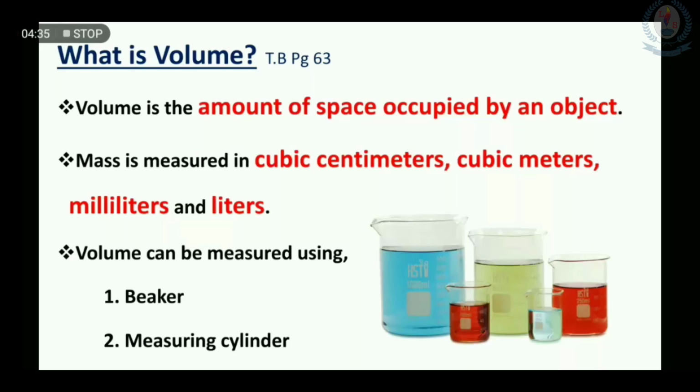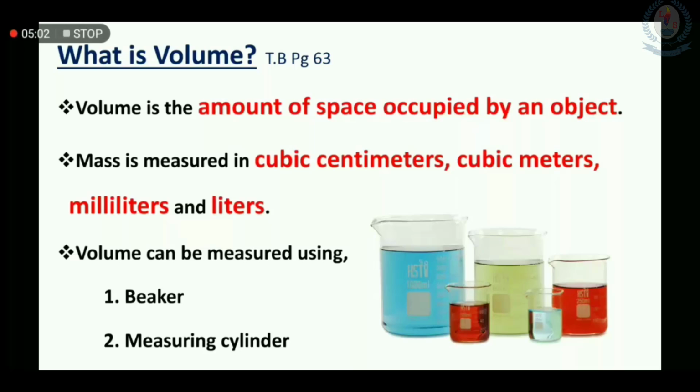Next, it's about volume. What is known as this volume? Let's see. Volume means the amount of space occupied by an object. All of you, look at your books. Do they occupy a space on the surface of your table or in the bookshelf?